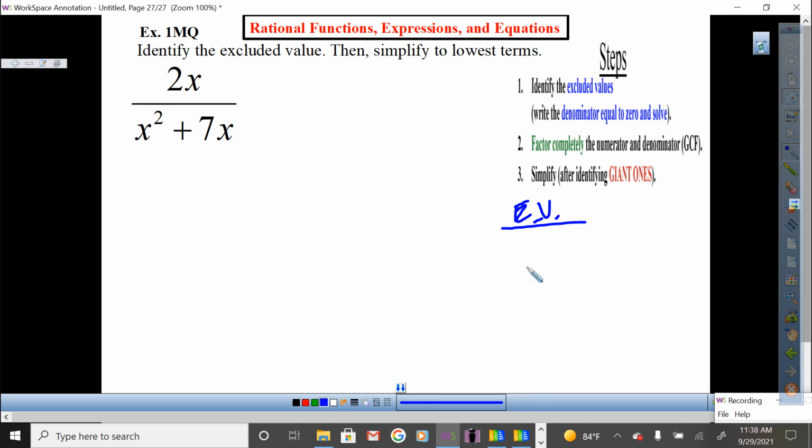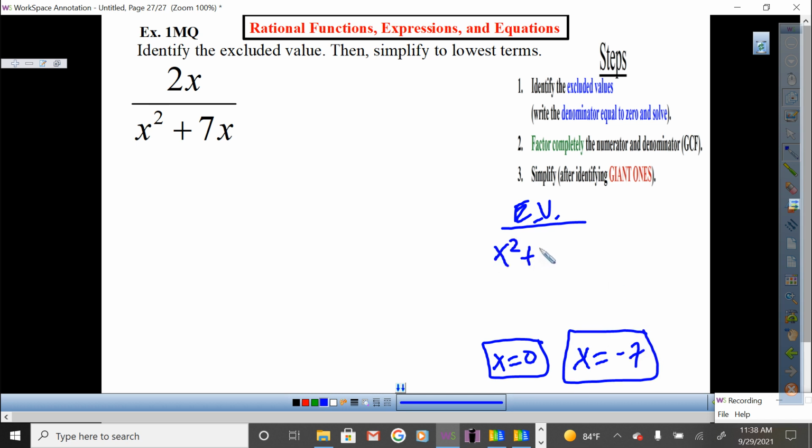So, excluded values. What'd you get for that, Brianna? X equals 0 and x equals what? Negative 7. Hands, have you got that? That is correct. How did you get that? X squared plus 7x equals 0. GCF is x times x plus 7 equals 0. Then x equal to 0, x plus 7 equal to 0. Solve for x here, and that's how we get there.